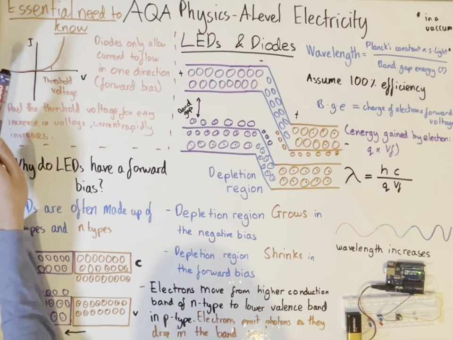So for insulators, the conduction bands and valence bands are quite far apart, and for conductors, the conduction bands and valence bands are quite close together, allowing electrons to pass through freely. But semiconductors are just the right space apart that the electrons, when given enough energy, can jump from one band to another.